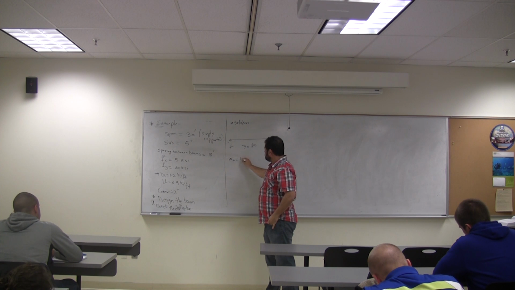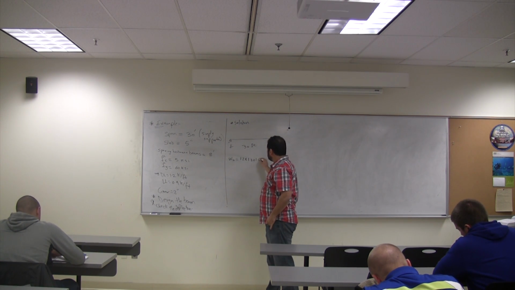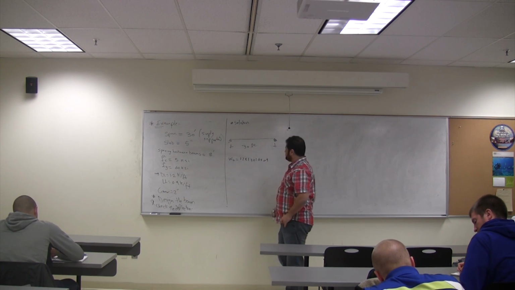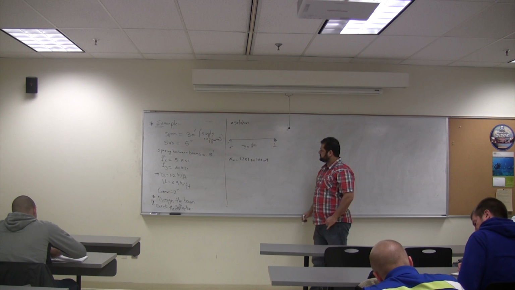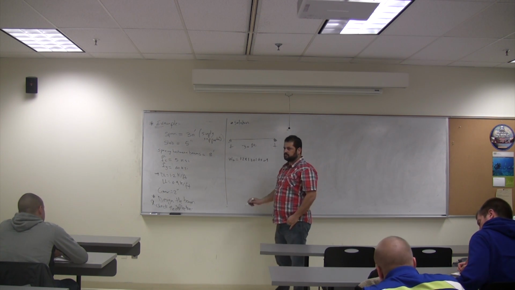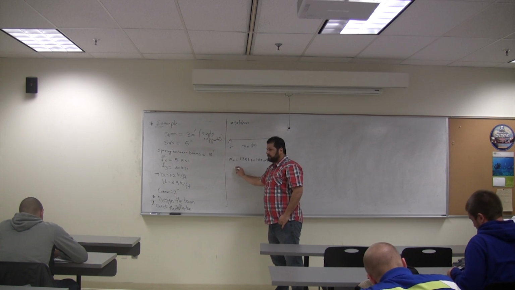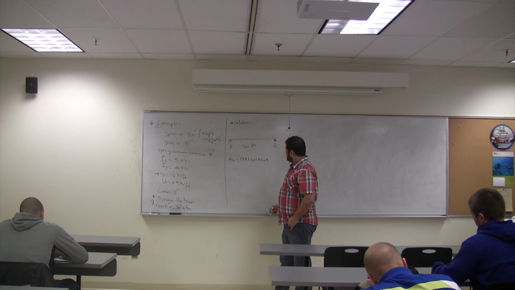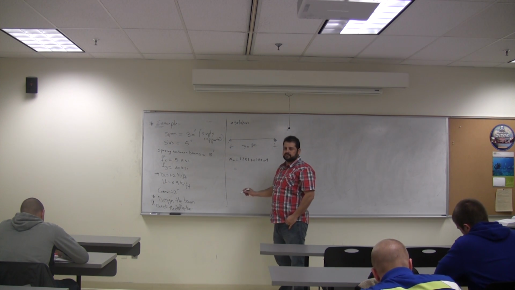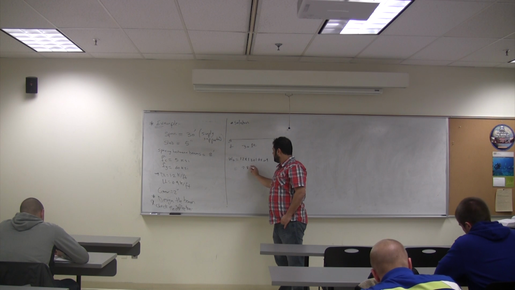So w ultimate is 1.2 times 1.2 plus 1.6 times 0.9. How much is that? 2.88 kip per foot.